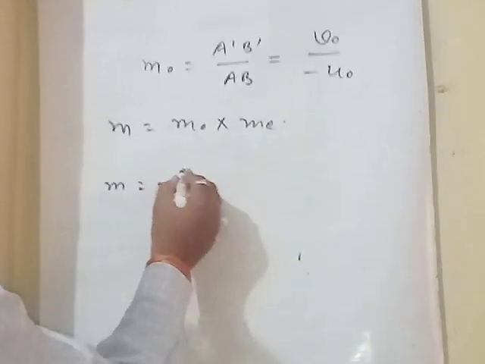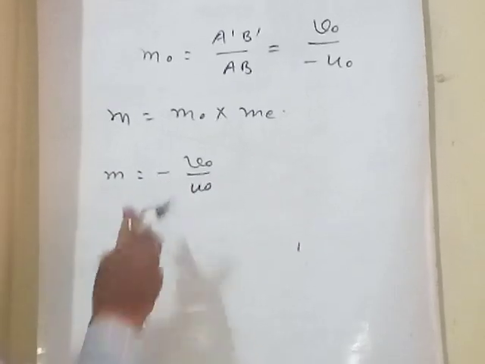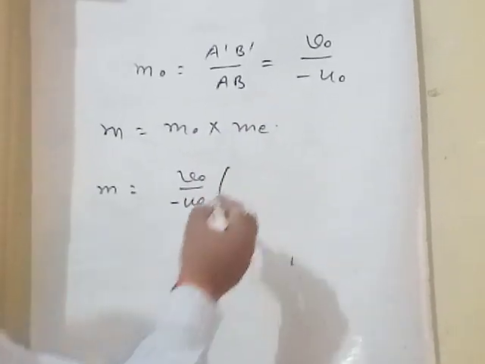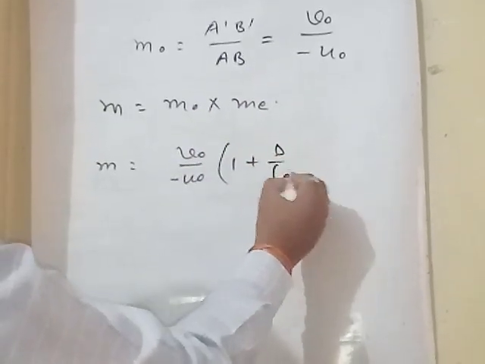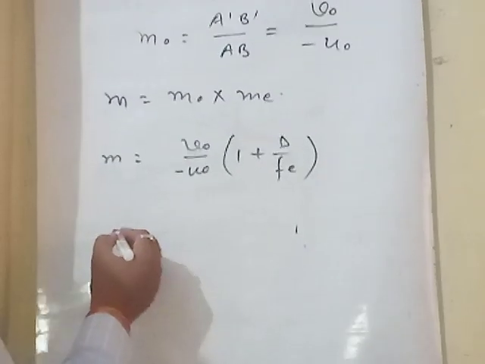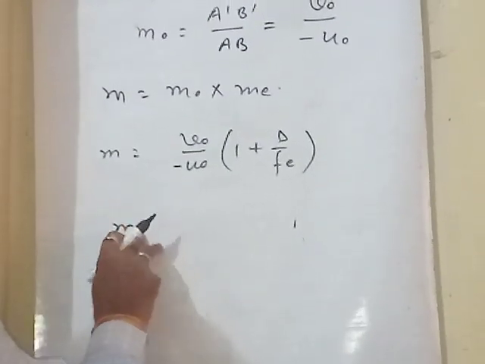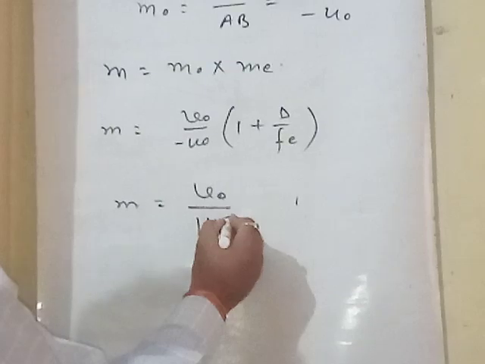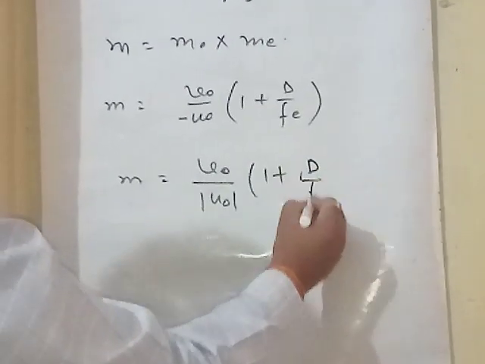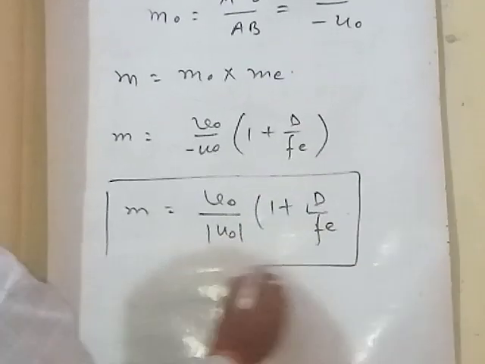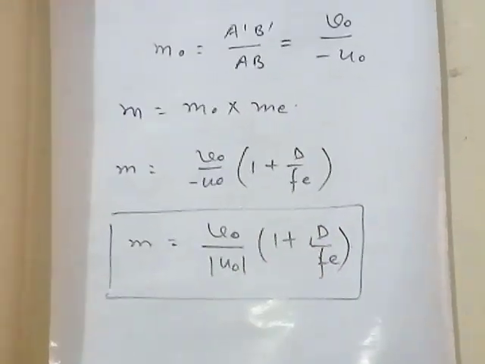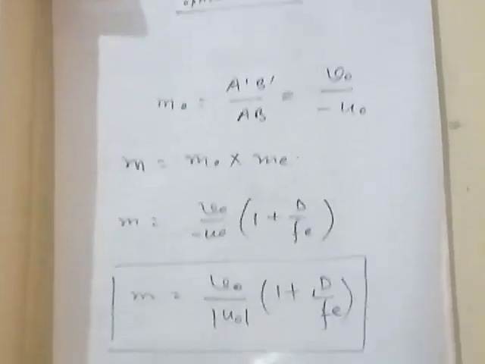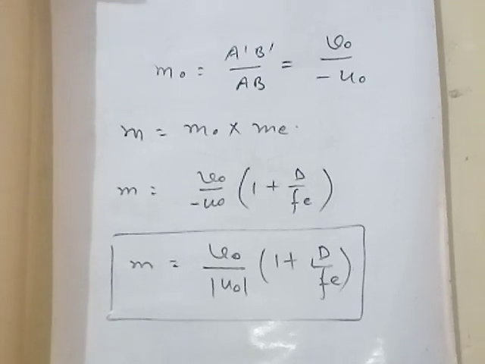The value of MO is VO by minus UO, and that of ME is 1 plus D by FE. Thus m equal to VO by mod UO into 1 plus D by FE. This is the expression for the magnification of a compound microscope when the final image is formed at the least distance of distinct vision.